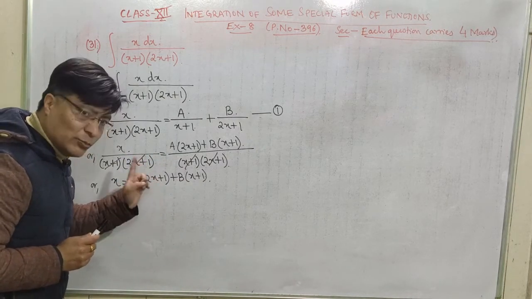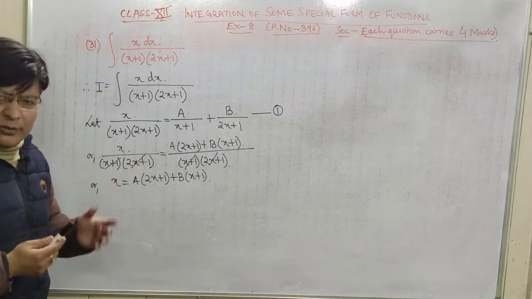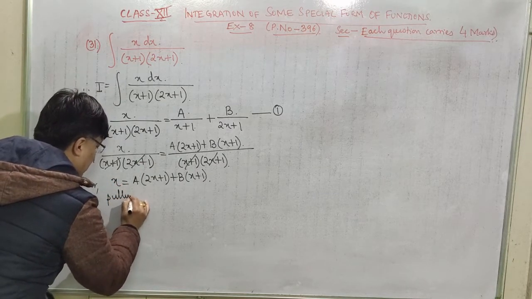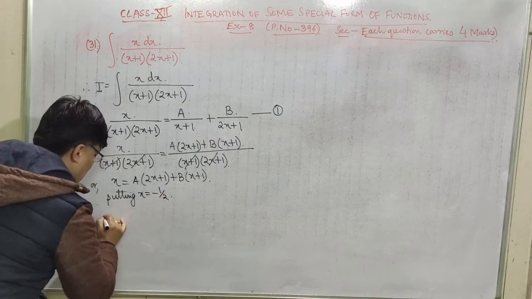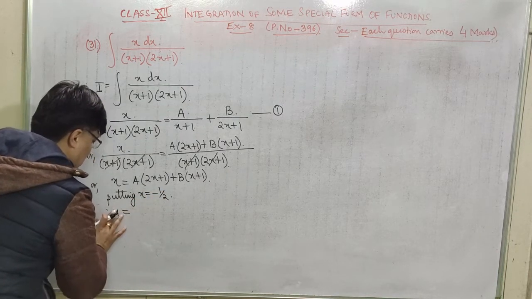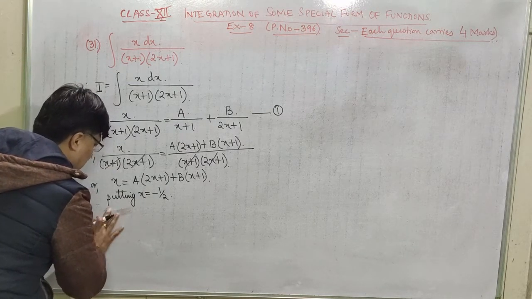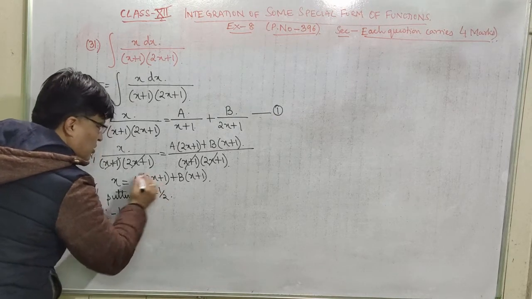If we put x is equal to minus half, then the 2 cancels. So minus 1 plus 1 is 0. You know that, right? So putting x is equal to minus half, what do we get? This x is minus half, so this term is 0.